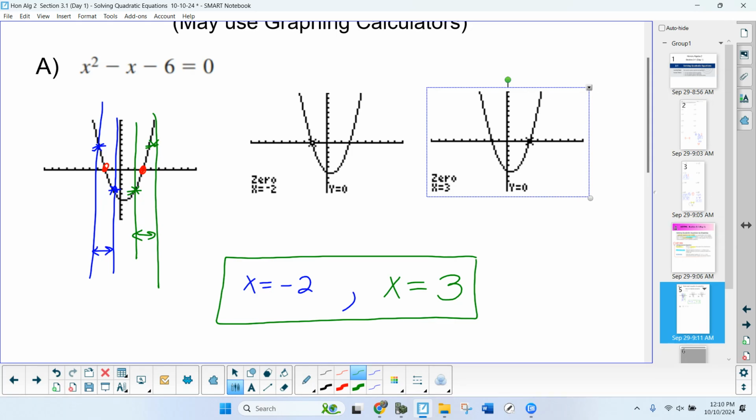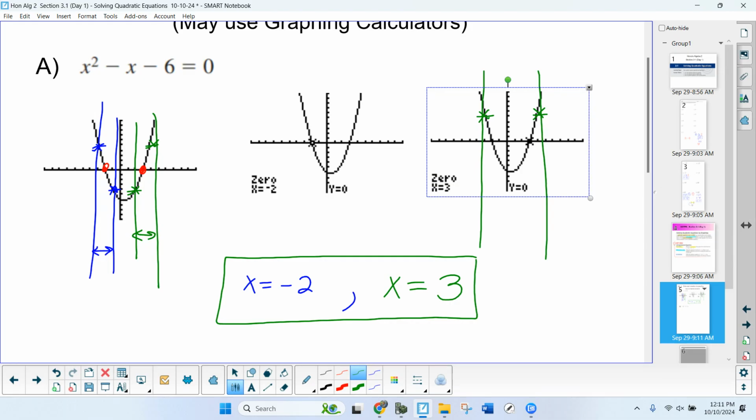Now, let me show you what you do wrong. There's 2 things you do wrong when you do this, okay? The first thing that you do wrong is you do left bound, right bound. Now, guys, how many zeros are between those 2? 2. When you hit guess, it will go to whichever one your cursor is closer to, which is going to be the one on the right, because that was right bound.